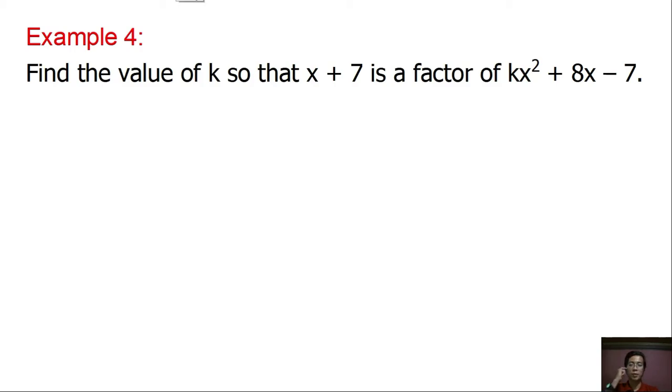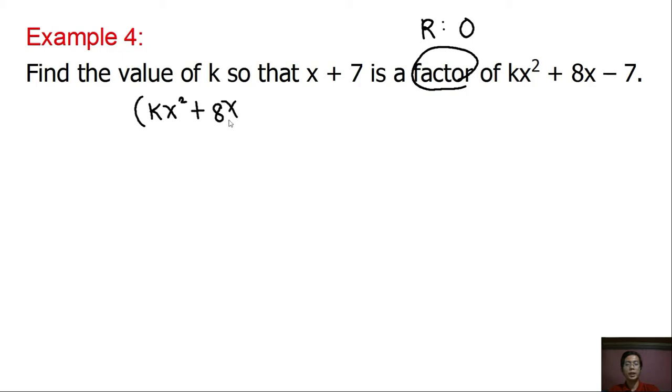Next example, let's find the value of k so that x plus 7 is a factor of kx squared plus 8x minus 7. Since binanggit din na it is a factor, understood na ang remainder po natin ay 0. So, pag dinivide si kx squared plus 8x minus 7 ng x plus 7, ang lalabas na remainder ay 0.